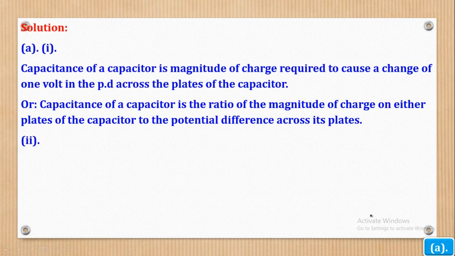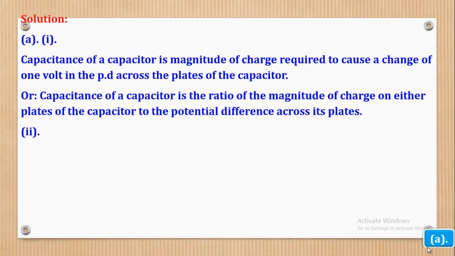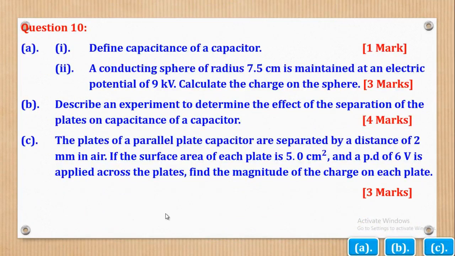What about Roman 2? Roman 2 says a conducting sphere of radius 7.5 centimeters is maintained at an electric potential of 9 kilovolts. Calculate the charge on the sphere.